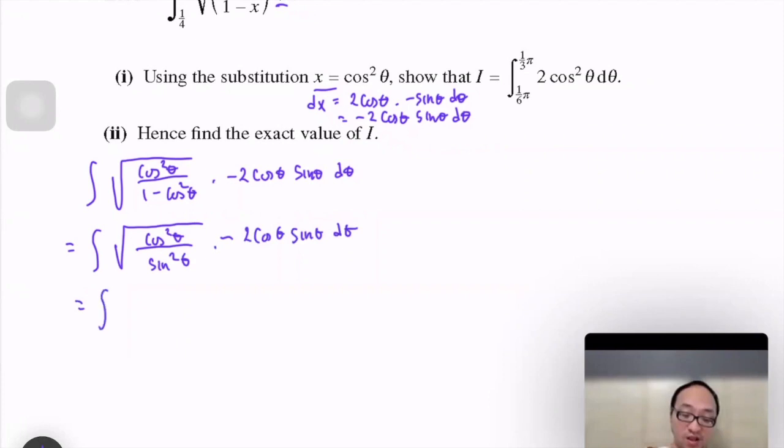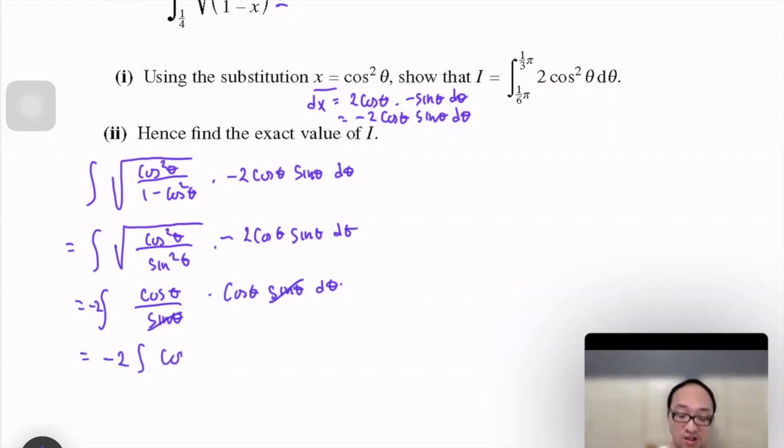So the result of the square root is just cos theta over sin theta. Okay, I just put negative 2 in front and then cos theta sin theta d theta. Okay, I can cross this cos. So it's negative 2 integral cos square theta d theta.